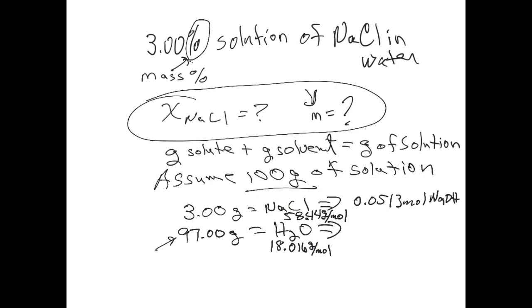And then we can calculate the moles of water and double check my math. Make sure I didn't do any fat finger mistakes when I was adding these things in. All right, now we've got our basic stuff we need to get her done.